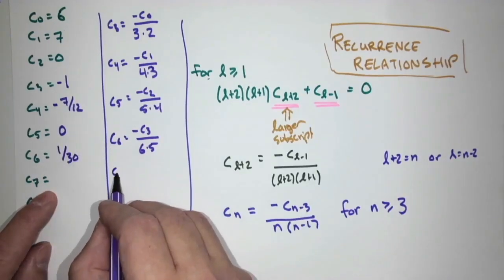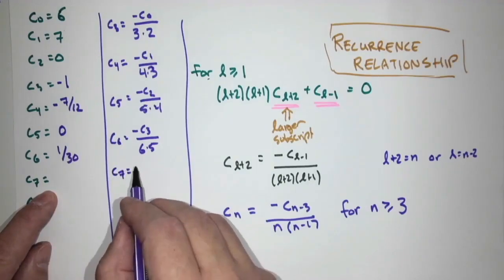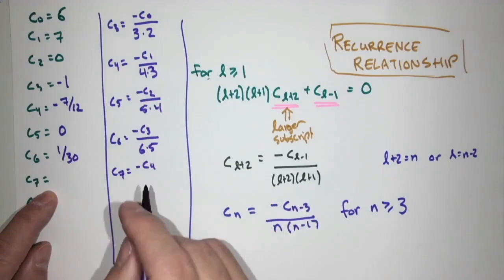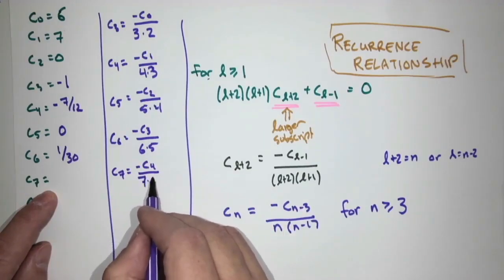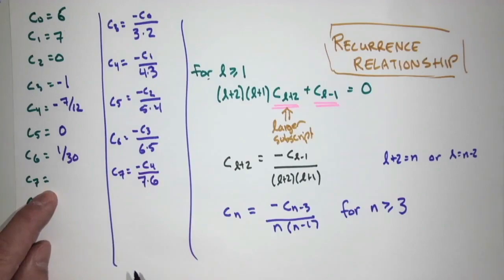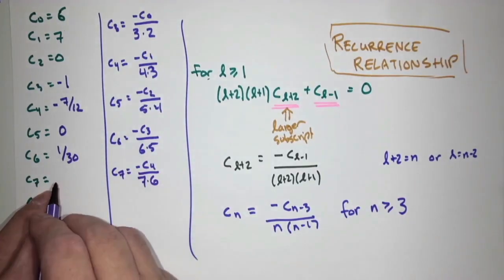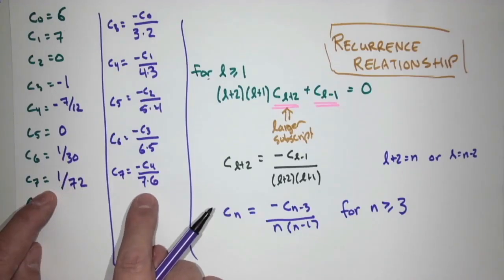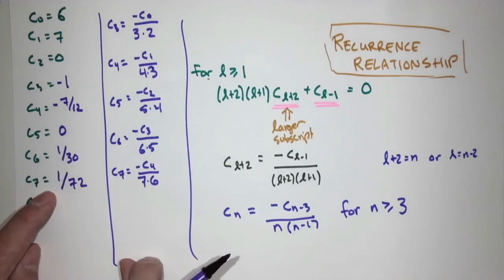C7, that's minus C4, just plug it in here, n equals 7, over 7 times 6, which gives 1 over 72. The 7's actually cancel, and 6 times 12 is 72.